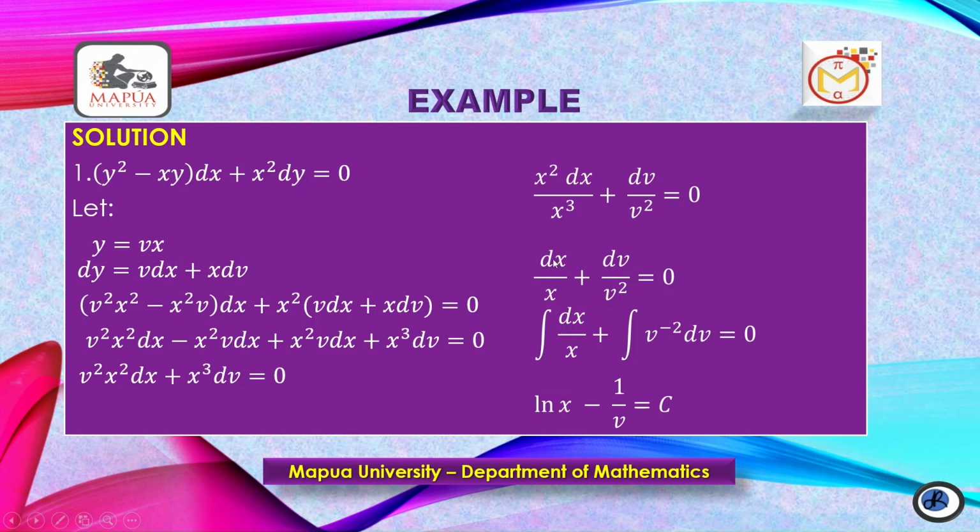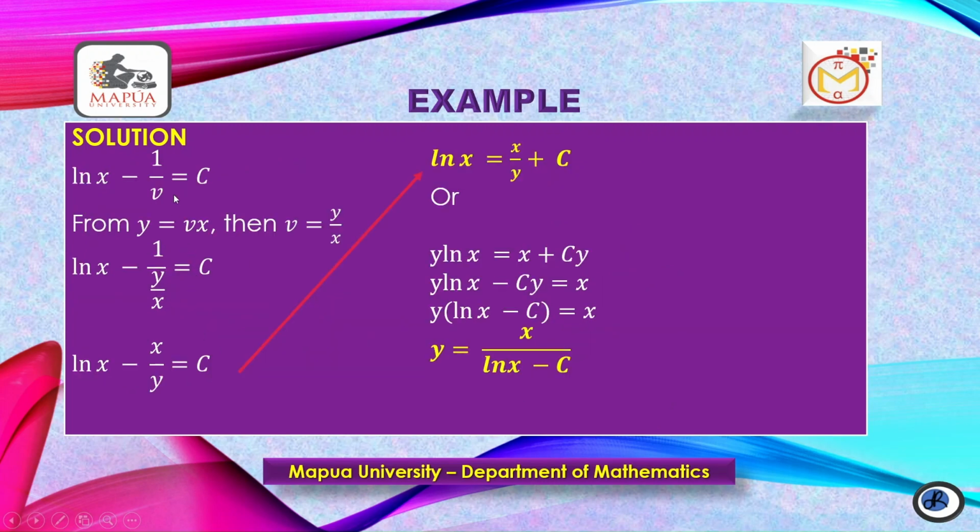This is now integrable. dx over x leads to ln, and for this one, by power integral, we can express it as v raised to negative 2 for the exponent. So this is now ln of x. By means of power integral, plus 1, so negative 1 over negative 1, so 1 over v, equal to c. Then all we have to do is just substitute again the value of v.